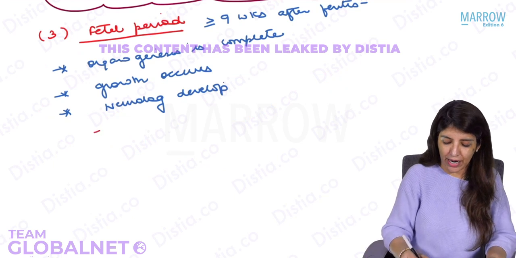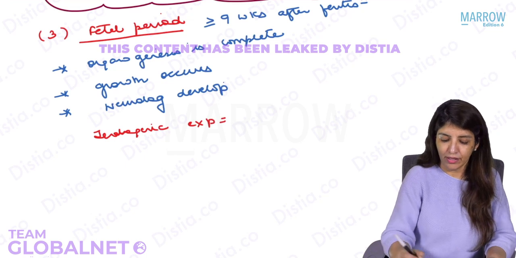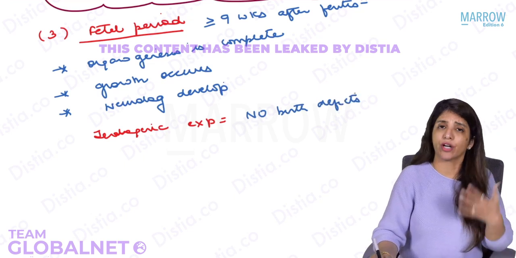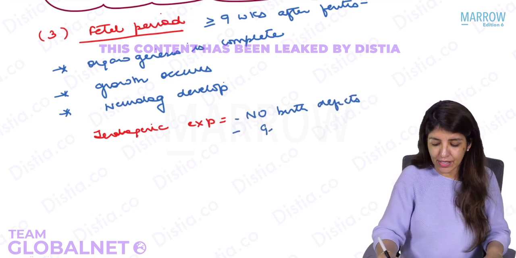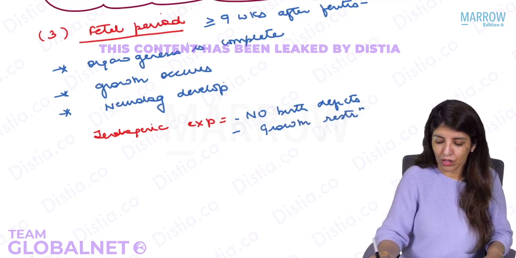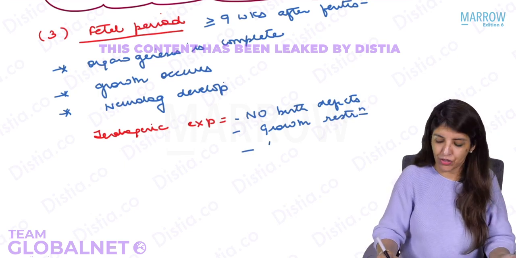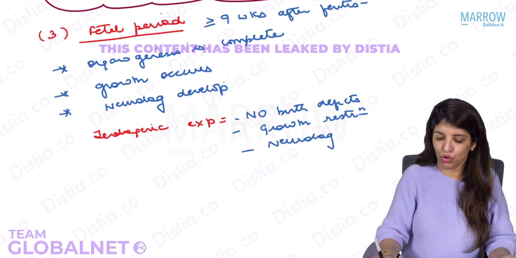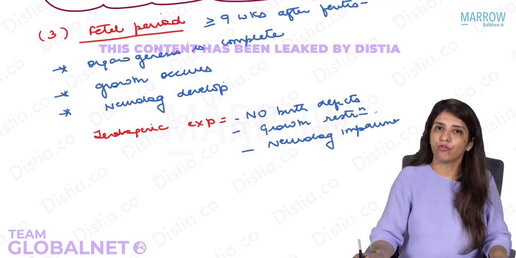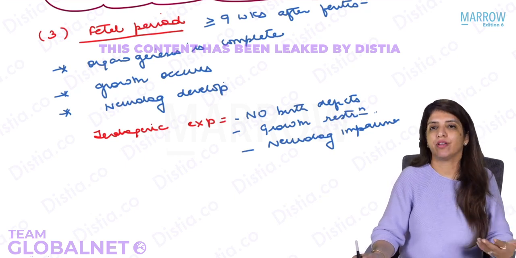So if there is a teratogenic exposure in this period, then there are no birth defects, because most of the time organogenesis is complete, but yes, it can lead to growth restriction, and it can lead to neurological impairment, right? Neurological impairment. Clear to all of you? So depending upon the period of exposure, we can have various effects.